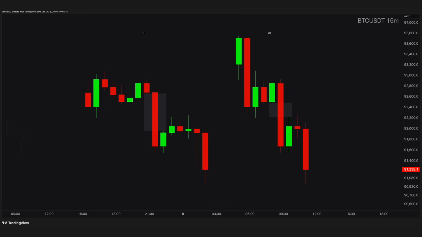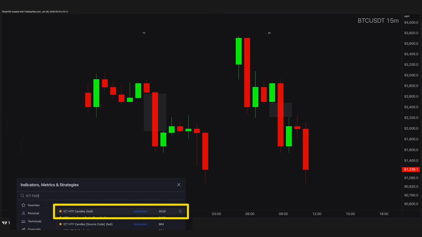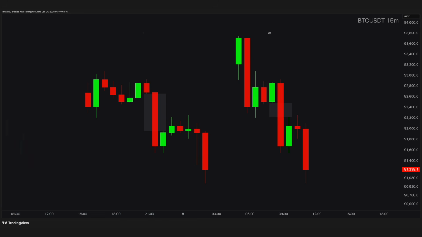First of all, by using this ICT high time frame candles indicator, we can identify and analyze multiple time frames at the same time. This allows us to see different types of price action and smart money concepts together without constantly switching between time frames.